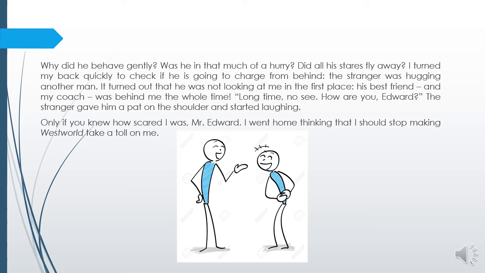But at the end, it turned out that the stranger was not even looking at the child, was not making evil, sinister smiles towards that child. He was just looking at his friend, Edward. That was the sport coach of Hajiman. So this plot twist is well crafted here.